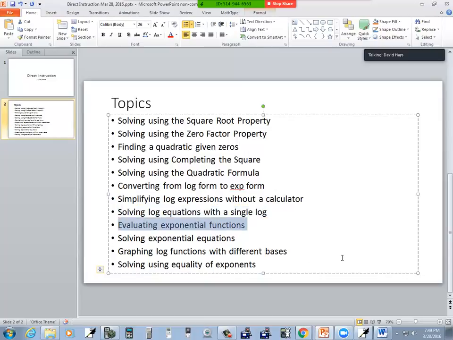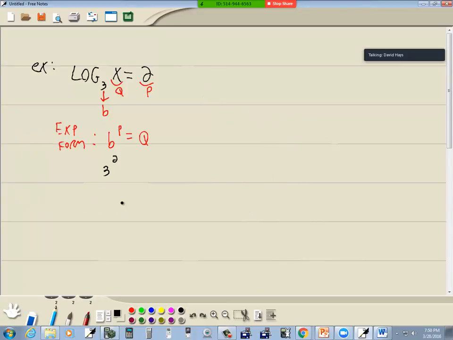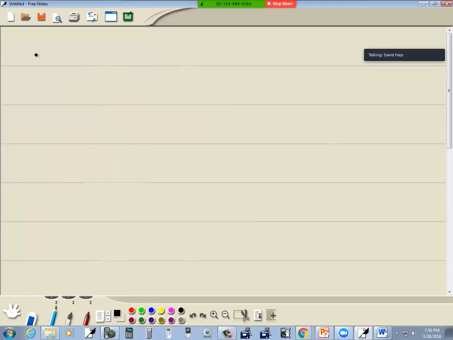Now the next topic is evaluating exponential functions. So let me clear that off. If I have, for example, f of x is equal to 2 to the x plus 3 power, and instructions are asking you to find f of 1.